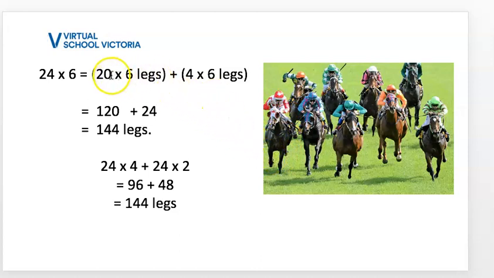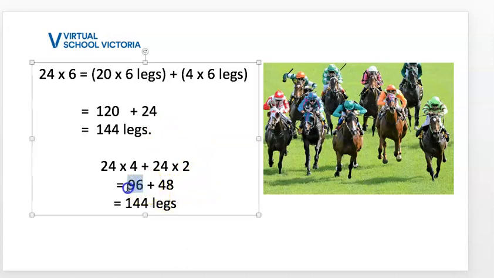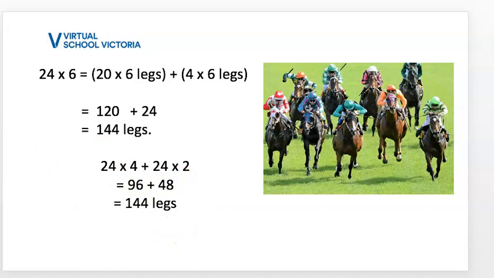So we did 20 times 6 is 120, and 4 times 6, 24, added them together and got 144 legs. Or you can remember that we had 96 legs with just the horses, then we multiplied the jockey legs and we still get 144 legs.